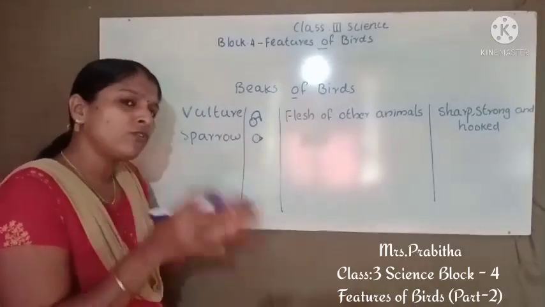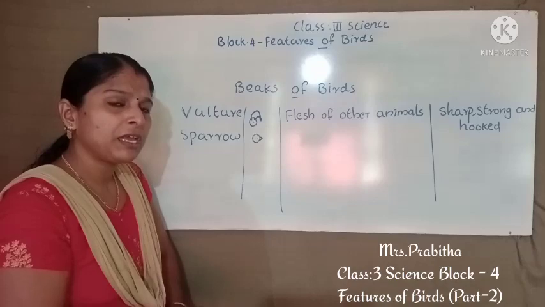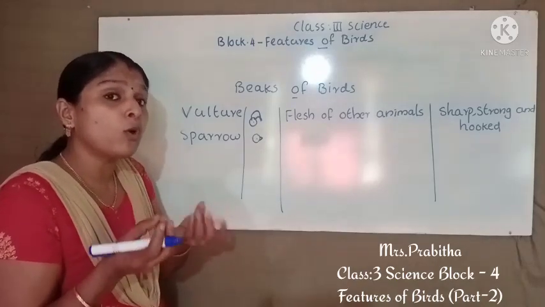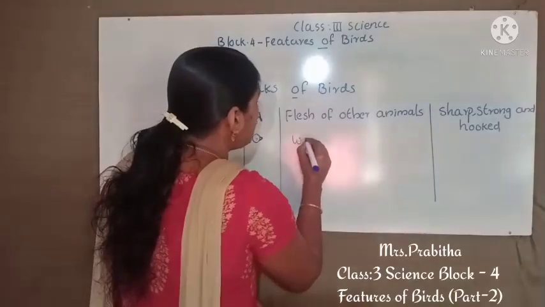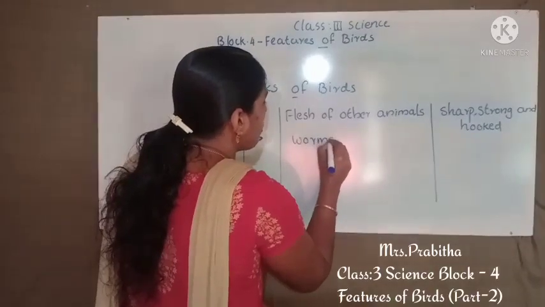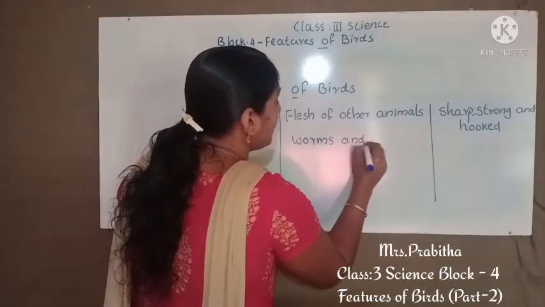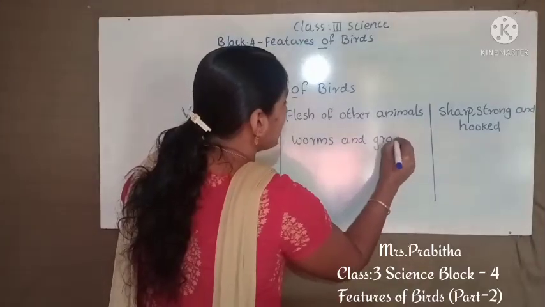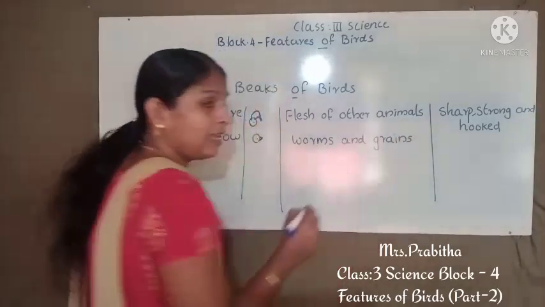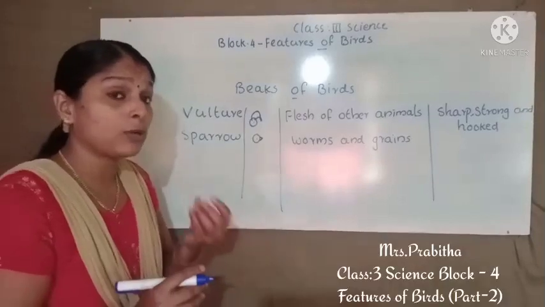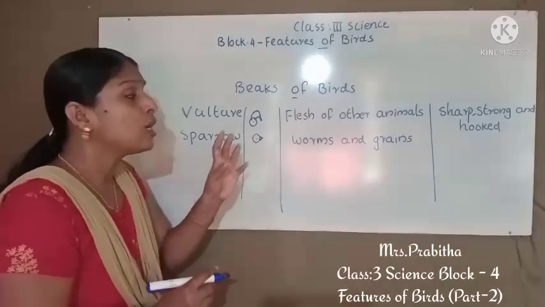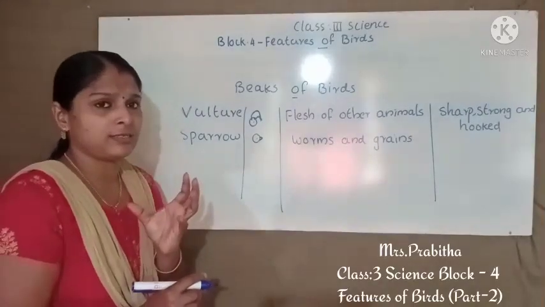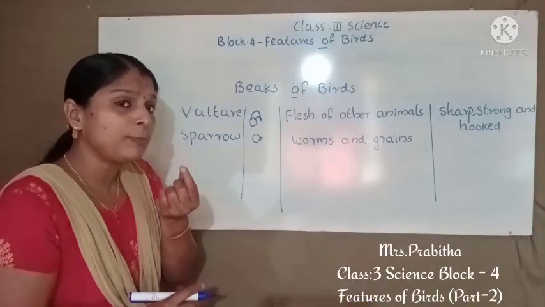What food do these sparrows eat, children? Sparrows eat worms and grains. Small worms and grains. Grains you already studied in second standard: rice, wheat and all grains, isn't it, children? So how is their beak?